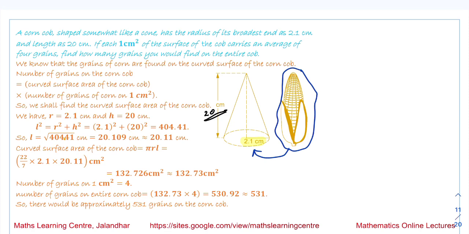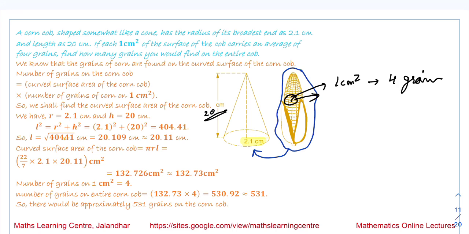If each 1 centimeter square of the surface of the cob carries an average of 4 grains, then we have to find how many grains would be there on the entire cob.